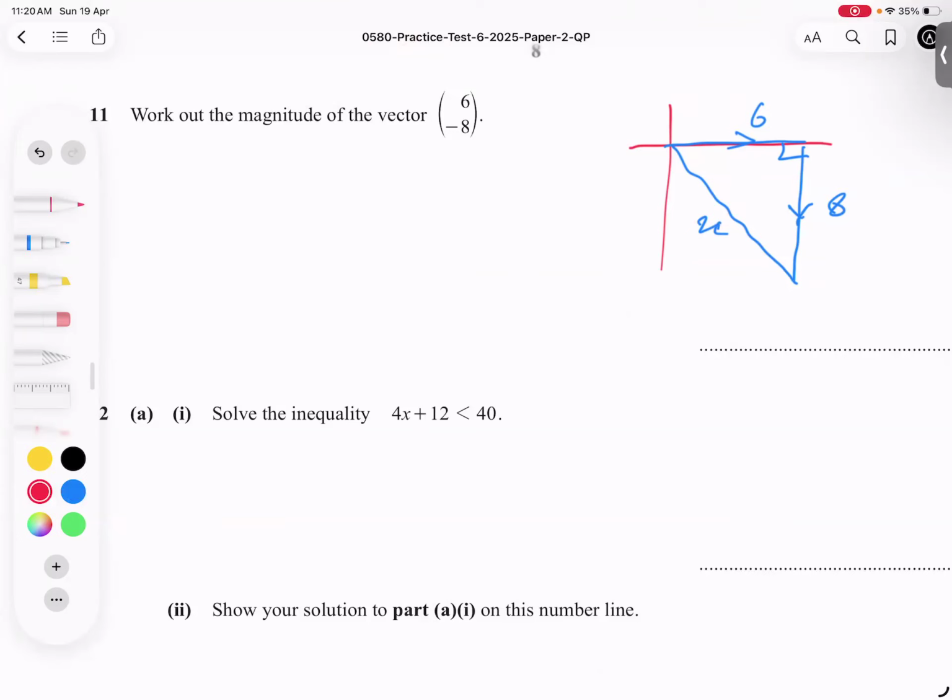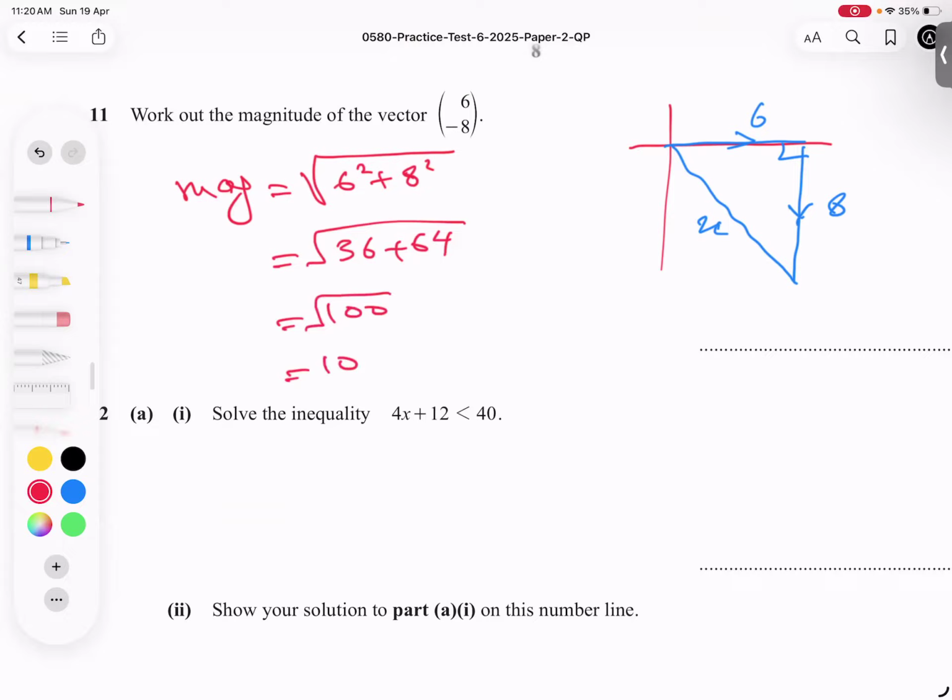Magnitude is the square root of 6 squared plus 8 squared. This negative sign, whether you take it or not, is no problem at all. So 36 and 64 becomes 100, and the root of 100 gives us 10. So the magnitude is 10 units. I think the point is very clear.